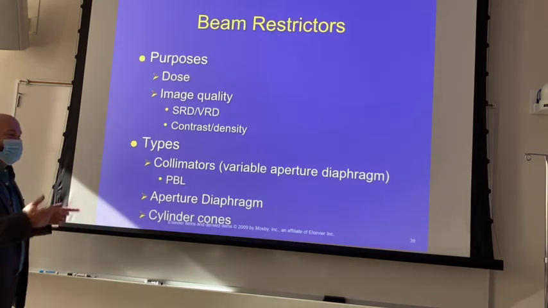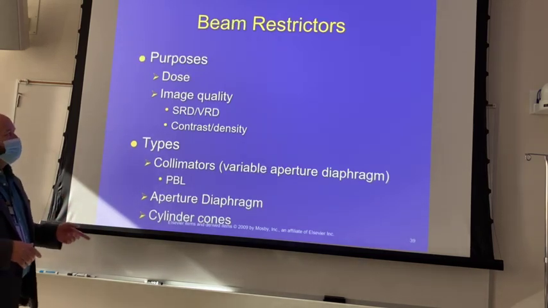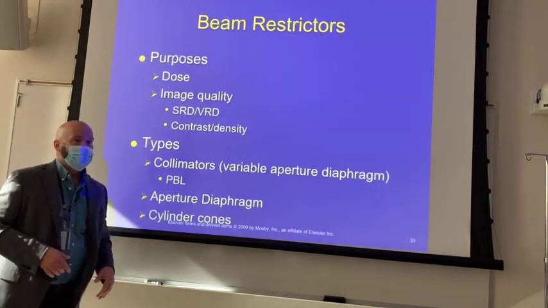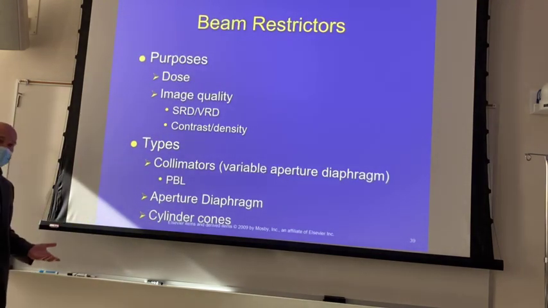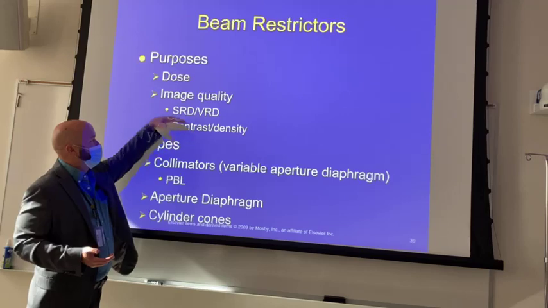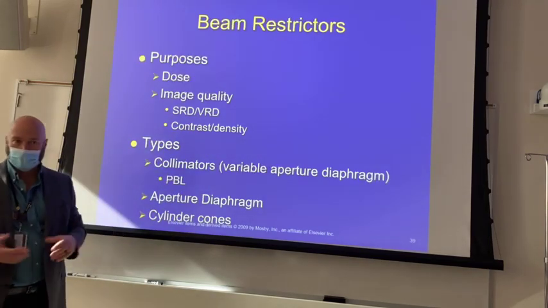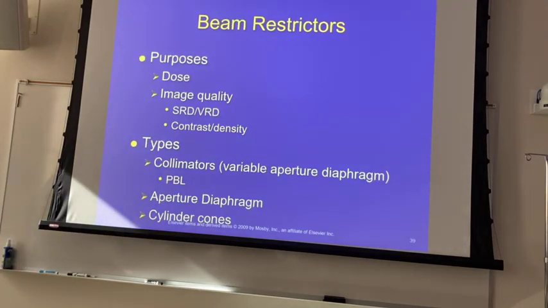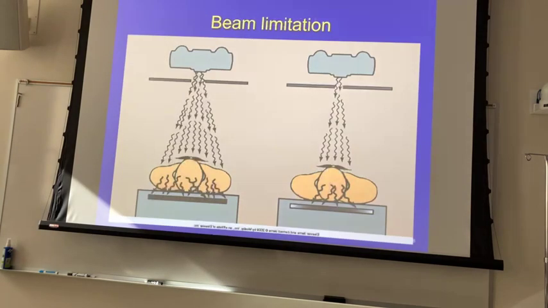What we saw in screens and films, again, is an increase in image quality, because when we're talking about image quality, we're talking about our contrast, density, sharpness of recorded detail, and visibility of recorded detail. All right, so back to this graphic.